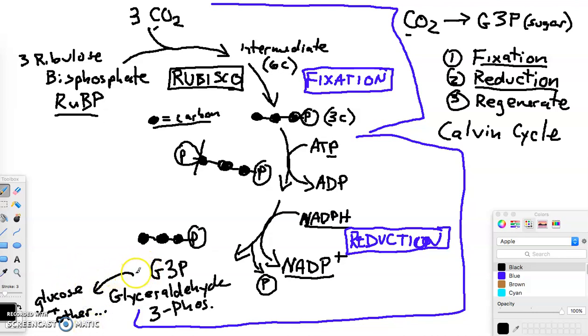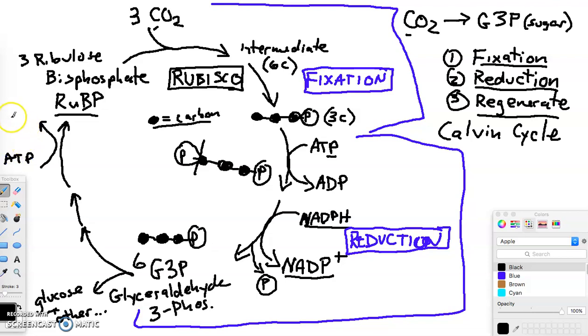Now only one of them. In this particular case, we have 6 total. So 1 goes that direction, and then 5 go in this direction. And some things happen here in which we take our 3-carbon molecules, and ultimately we make this RUBP again. This is our regeneration stage. So we're going to regenerate that RUBP, and that's going to require ATP.